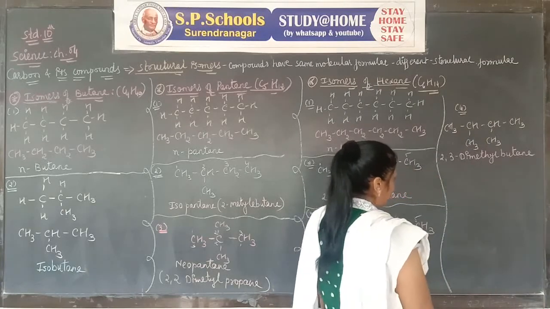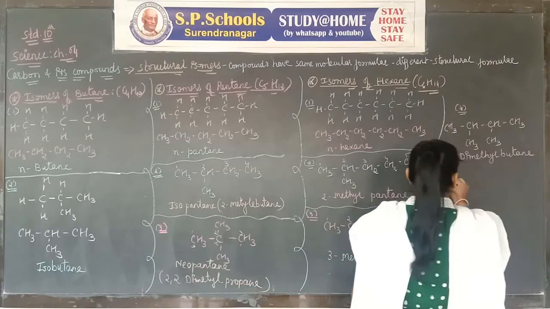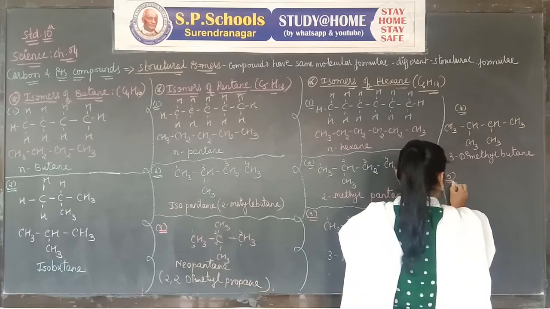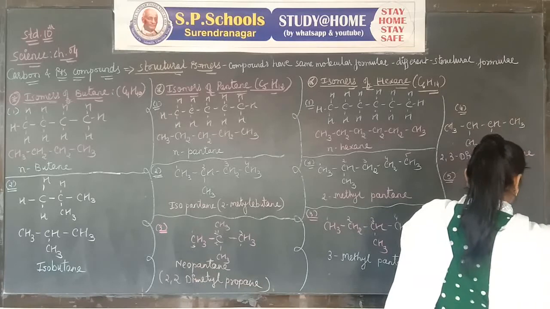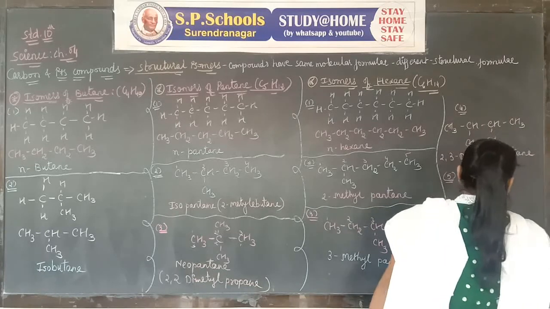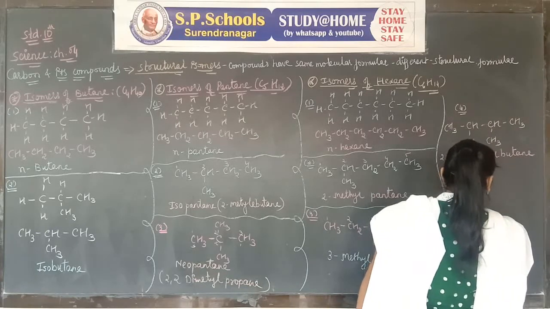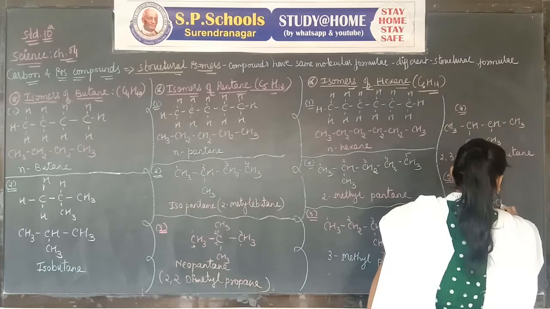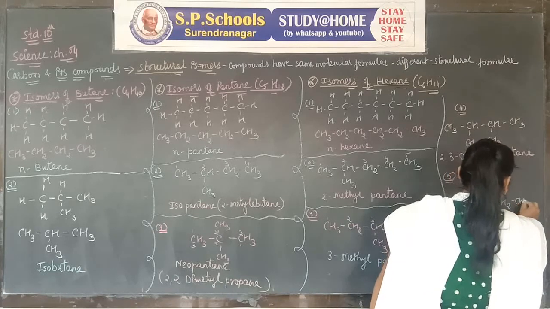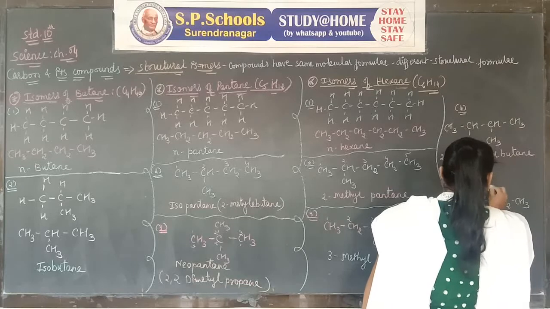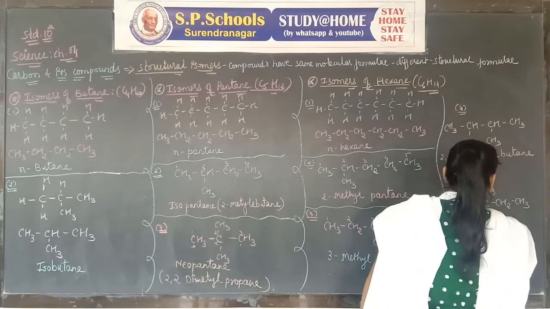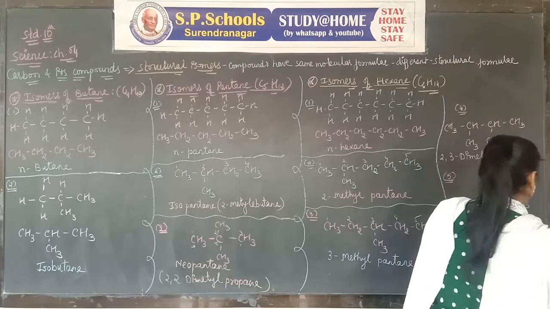2,3 dimethyl butane. In case of fifth, CH3, CH2, CH3, CH3, CH3.